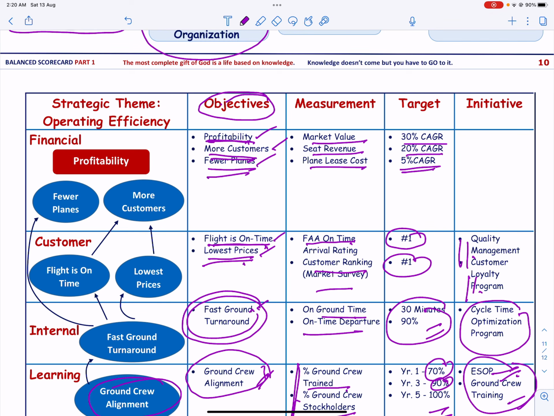So the balanced scorecard emphasizes that to achieve the financial goals, we should start from the bottom, look at the employees and move upward, and eventually we will reach the target.